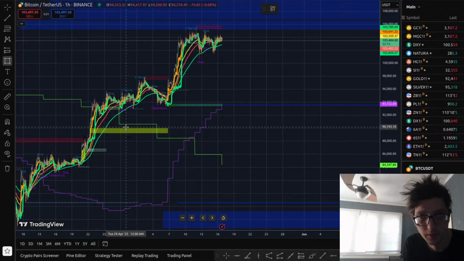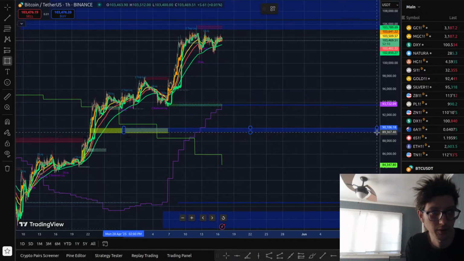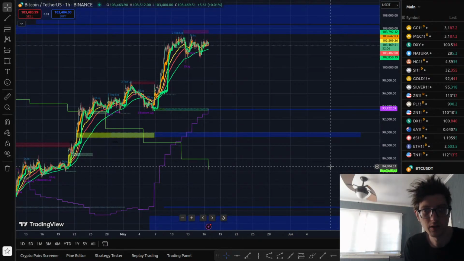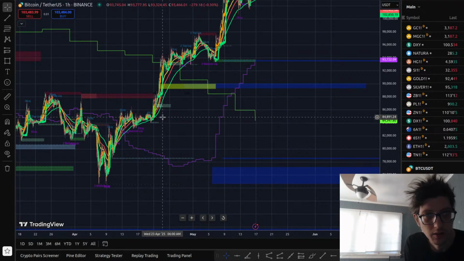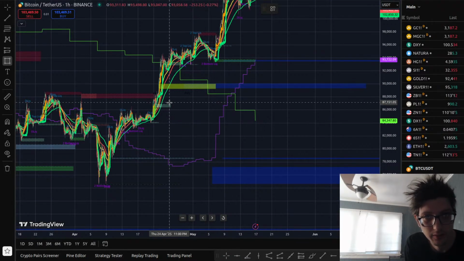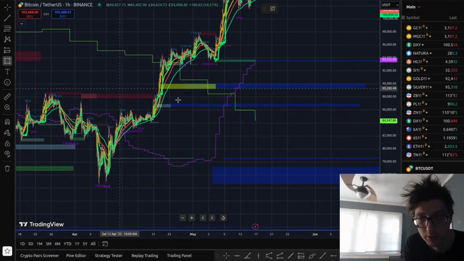And then this one is actually not a liquidation area or liquidation block, but actually a fair value gap. And basically it acts as either support or resistance for where price is going to gravitate towards at some point, potentially.